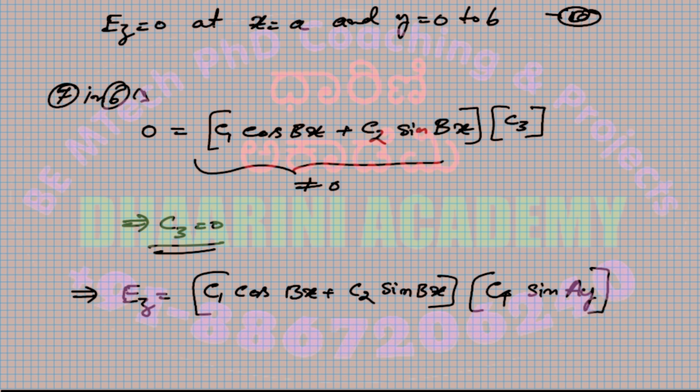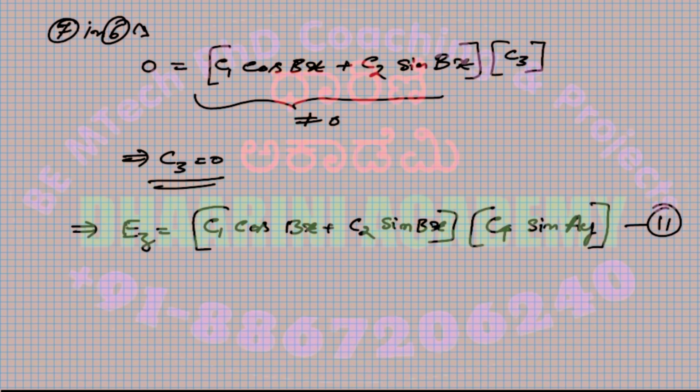Because it was C3 cos ay plus C4 sin ay, so C3 is gone, right? Perfect. Now I'll call this equation number 11. I'm going to use the next boundary condition in 11. So I used 7, so I will use 8. Okay, so 8 in 11.